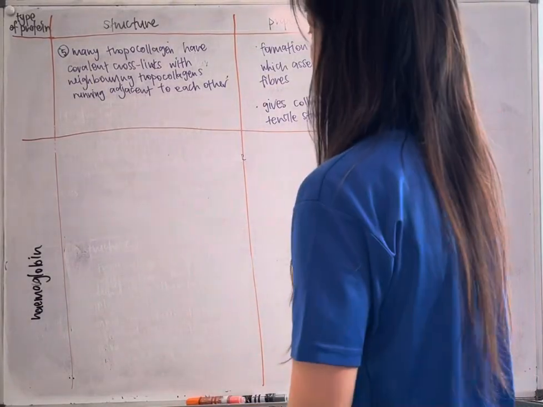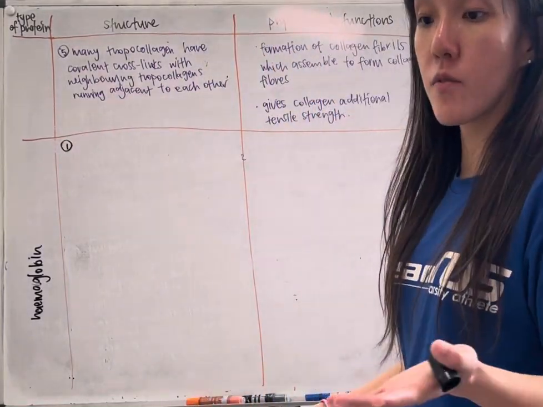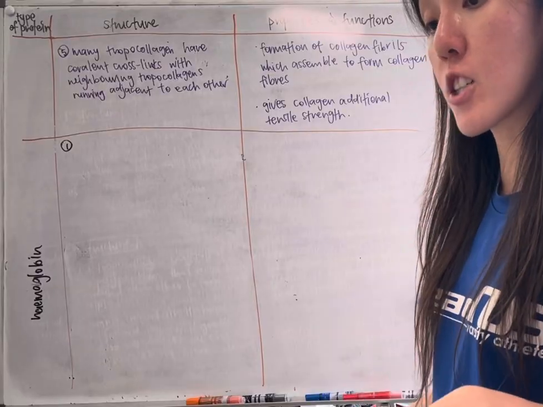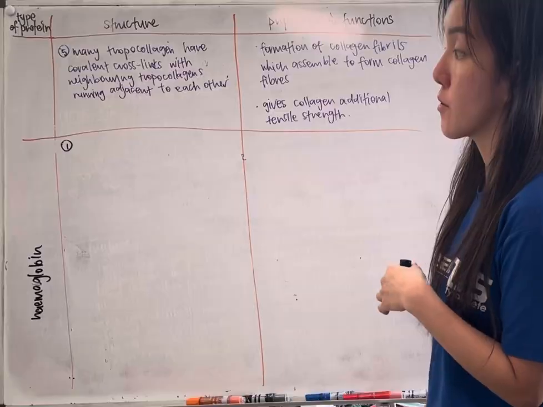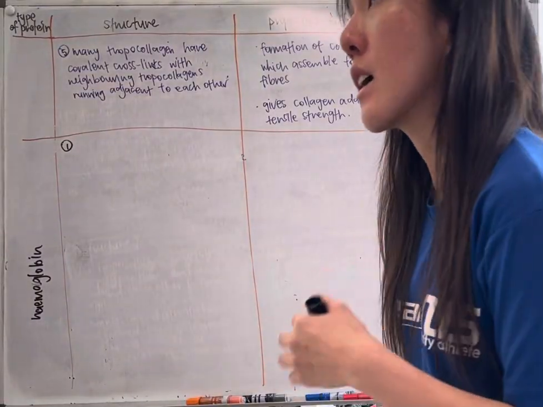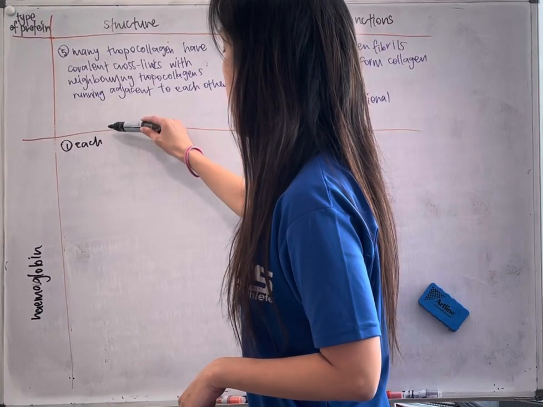First one, each hemoglobin has 4 subunits, and each subunit has a heme prosthetic group. The heme prosthetic group contains a porphyrin ring that contains an iron 2+ ion. So this is the first one.